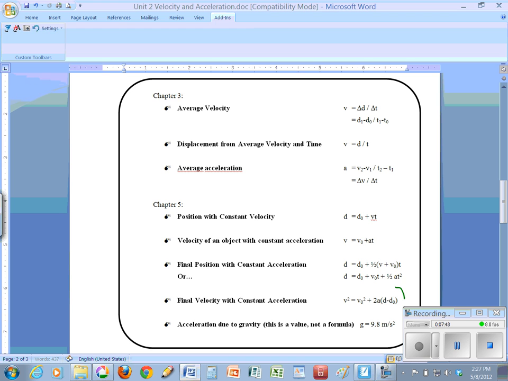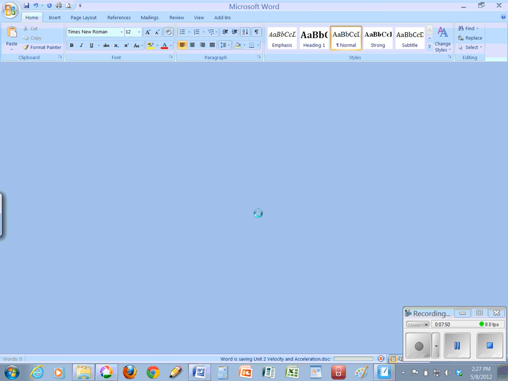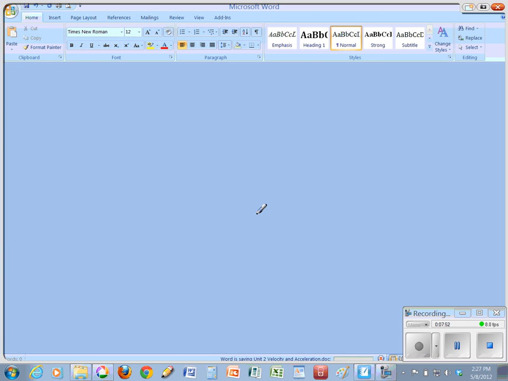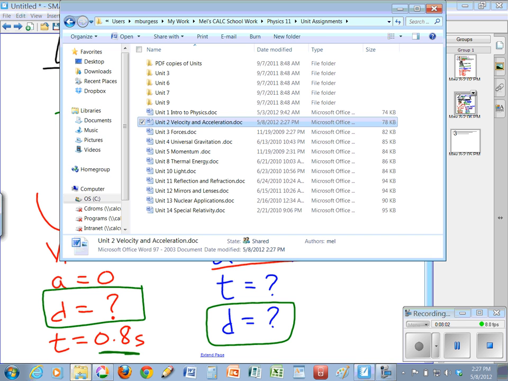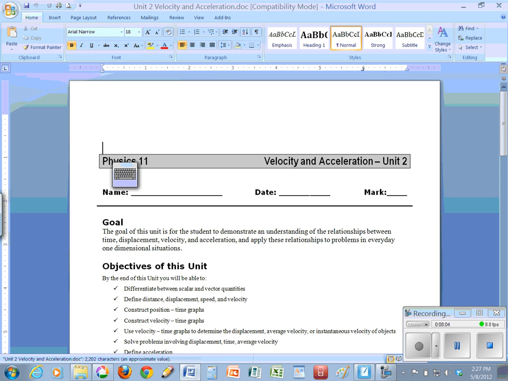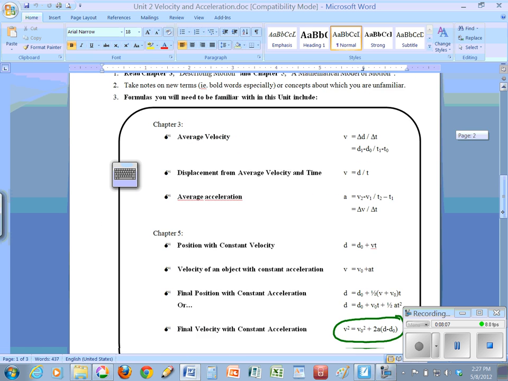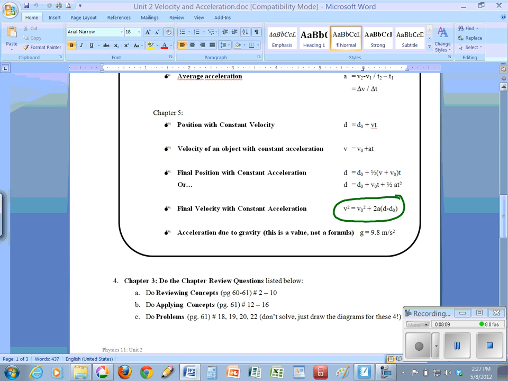Sorry, the screen is doing some crazy stuff here. Bear with me for a second. It automatically saved that, but basically there was a formula there. Let's open it back up. I apologize. It's still circled in green, which is good.